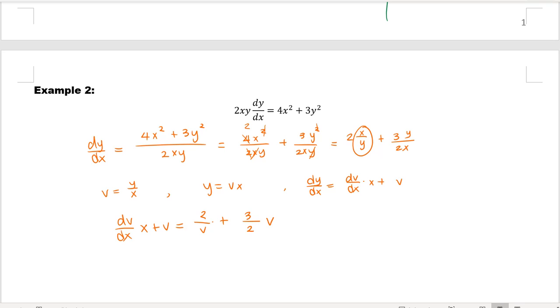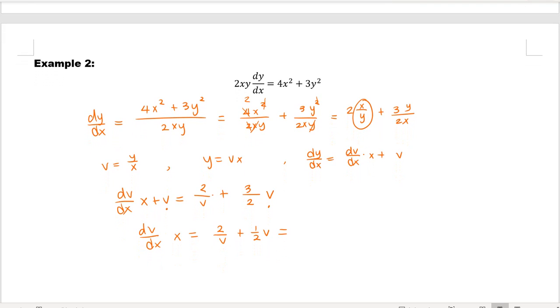Do you see we can subtract v from both sides? Then we have dv/dx times x is 2 over v. This guy, subtract v, becomes 1/2 v, right? And let's combine them.